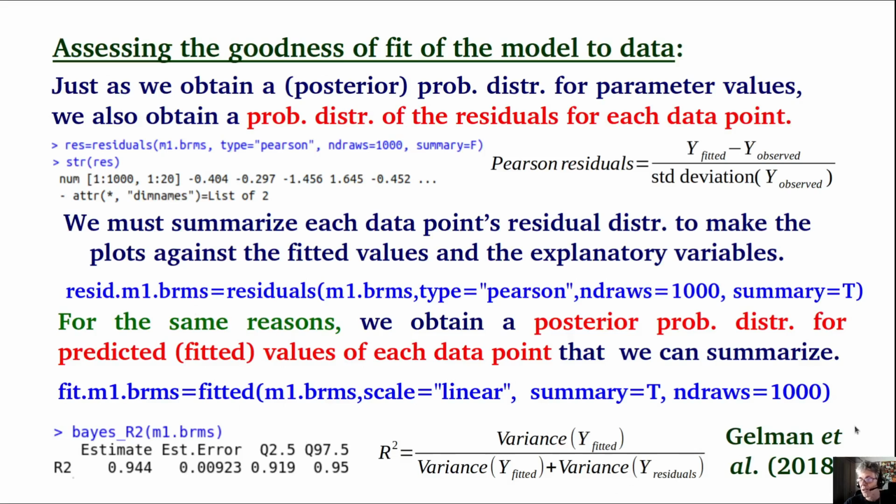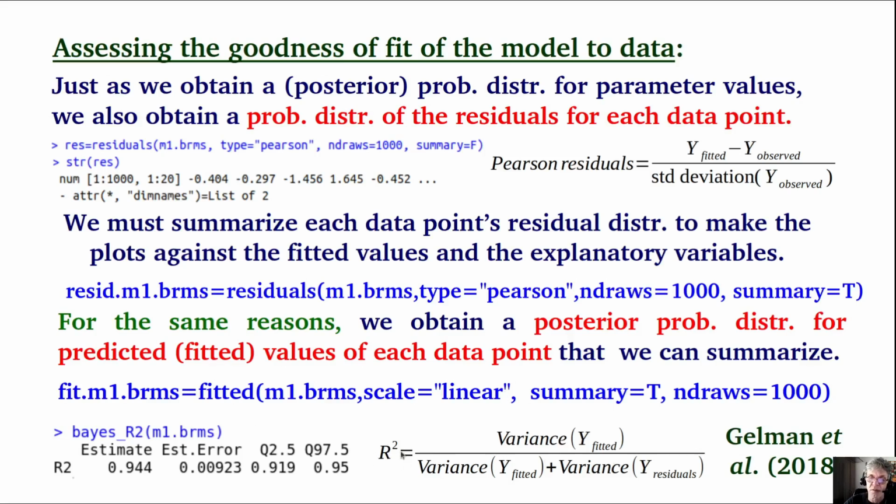This very simple ratio amounts to the R-square, for which we now have not only the point estimate, but also the error and credible intervals. So again, in Bayesian statistics, you not only obtain the estimate as a mean of the posterior distribution, but an entire posterior distribution that can be summarized in different ways.